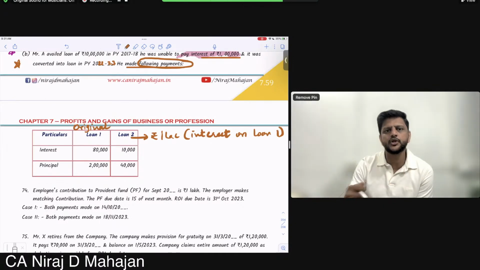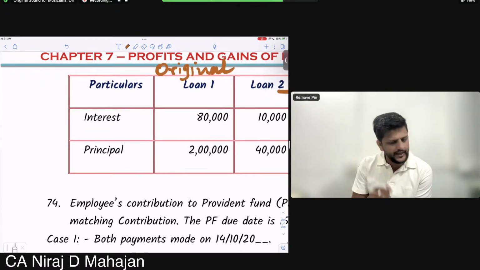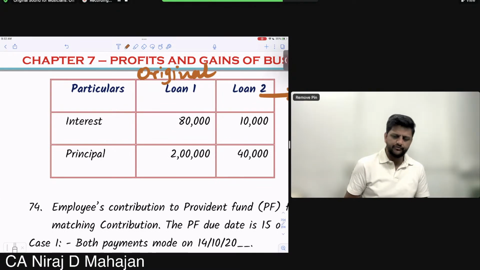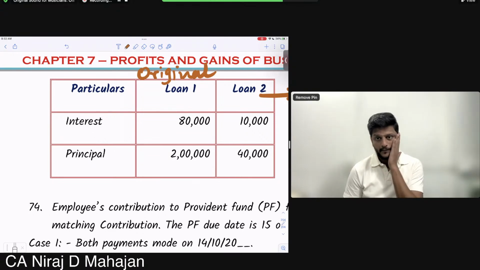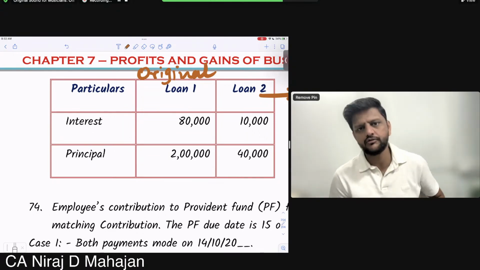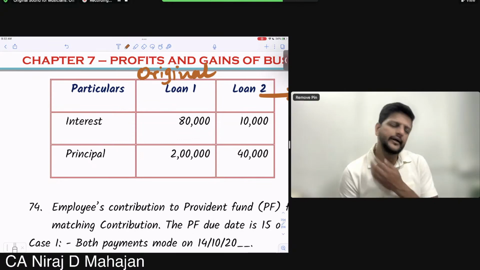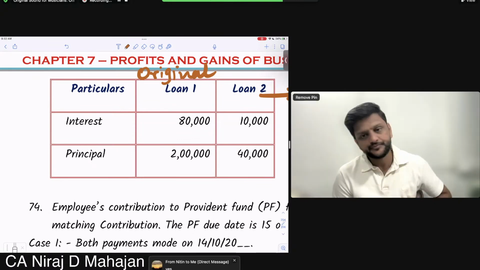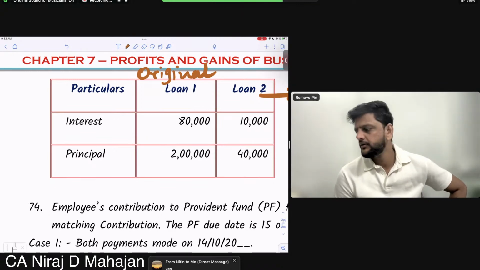But what are the payments done towards the loan? Okay. So loan 1, principal payment done 2 lakhs, interest done 80,000, and loan 2, children, principal payment done 40,000, and interest of 10,000 rupees. Clear till here, all of you? Yes. These are the payments done during the year towards such loans. All right.